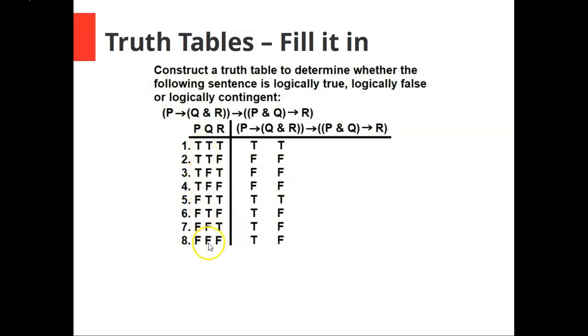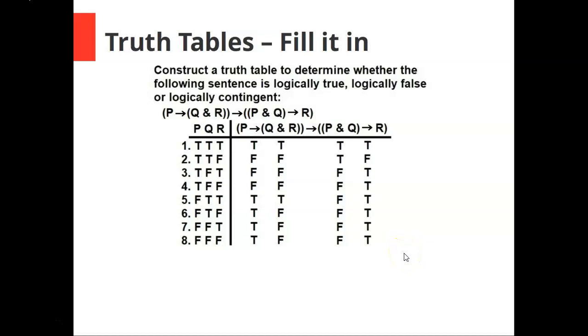On the rest of the lines, there's at least one that's false, so T, T, F, F, F, F, F, F. Now we can fill in this conditional. The antecedent column is here. The consequent column is the R column. It's only false when you have a true antecedent over here and a false consequent, which is over here.